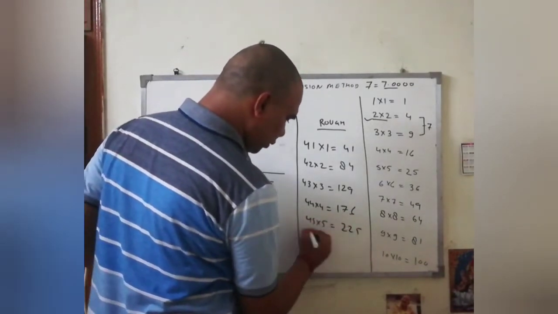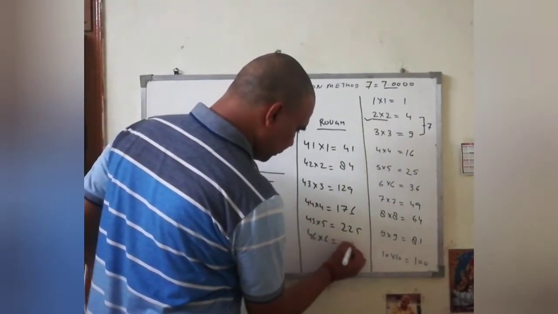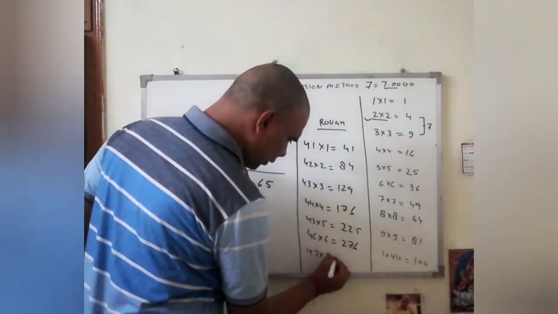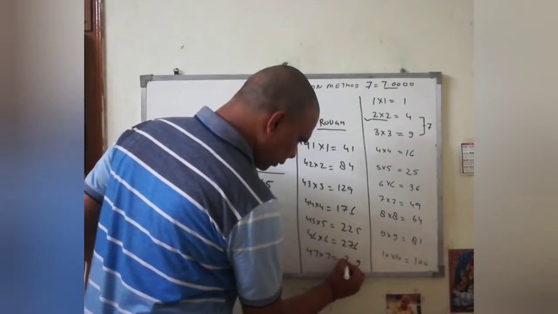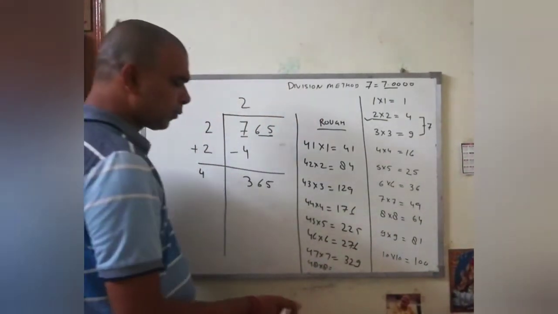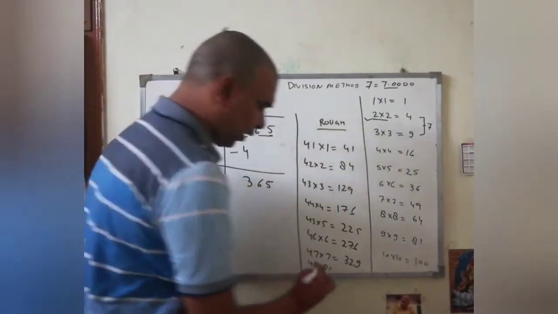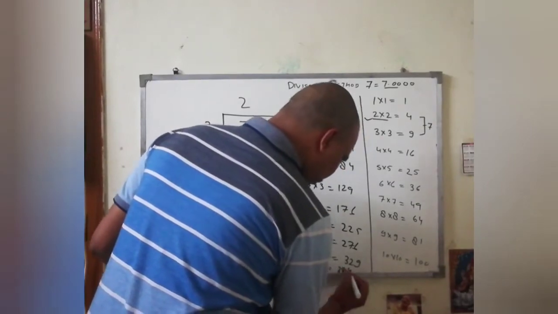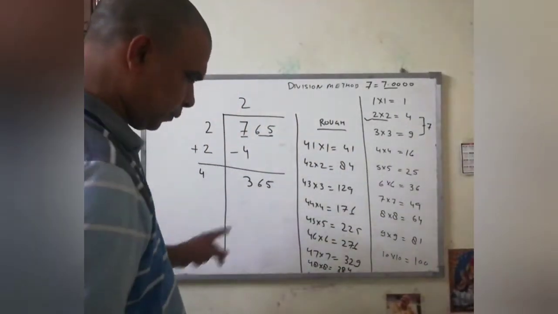225, 46 into 6, 276, 47 into 7, 329 and 48 into 8. Definitely it will exceed this 365. I think 324. So it is exceeding.